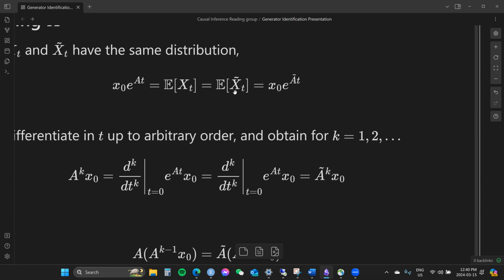If you look at how they define identifiability, it's given that the processes have the same starting point. So maybe the question is, if you didn't have the same starting point, is it obvious, maybe not to us, but to them, that it would be identifiable? You'd have to ask them. It's not obvious to me. But yeah, I don't know.